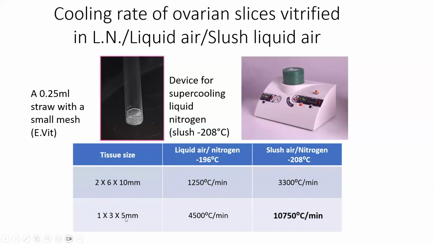The small size of tissue, 1 to 3 to 5 millimeters, produced with liquid nitrogen 4,500 degrees per minute, and with slush over 10,000, which could be okay for successful vitrification.